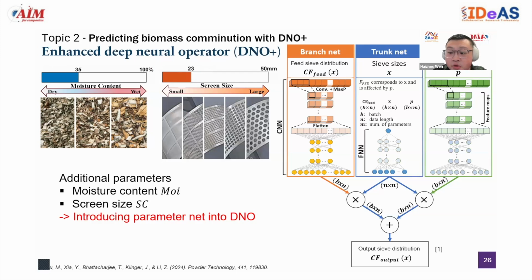An experienced worker would automatically know what the rough product would look like by knowing which screen size the milling machine is using and how moist the raw biomass is. So we need to modify our DNO to DNO plus by incorporating the influence of these parameters. Therefore, we add an additional parameter net to inform the neural networks with the parameter information.